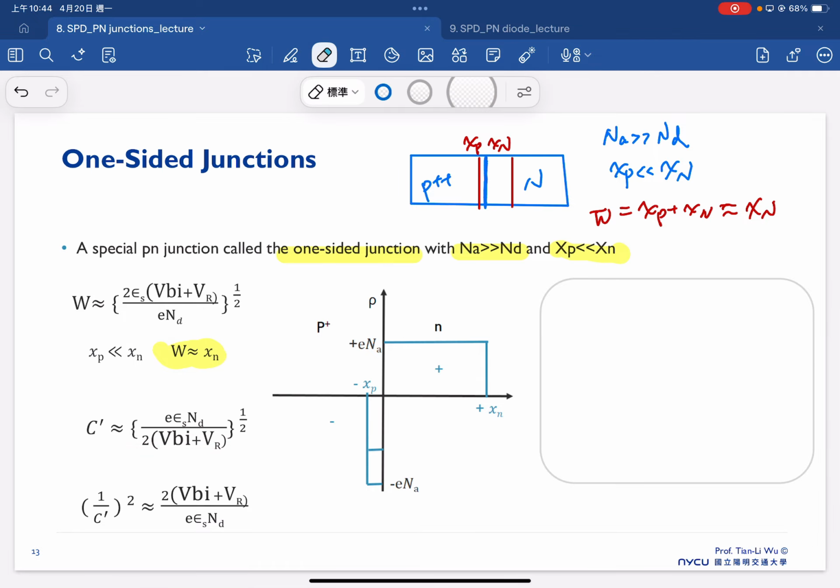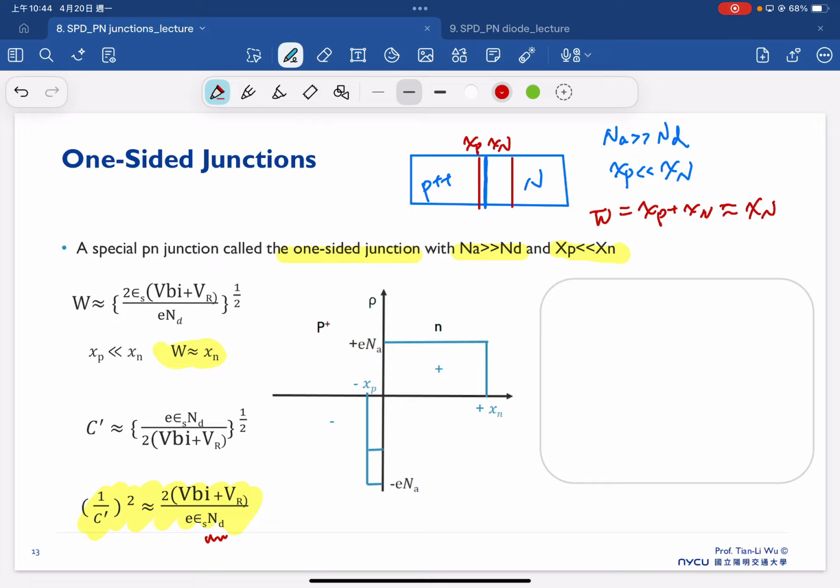Finally, this leads to a very useful approach where, by considering this equation, we are able to estimate the doping concentration, which is here.